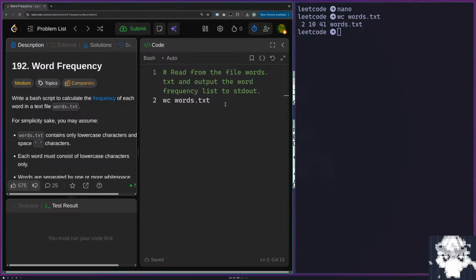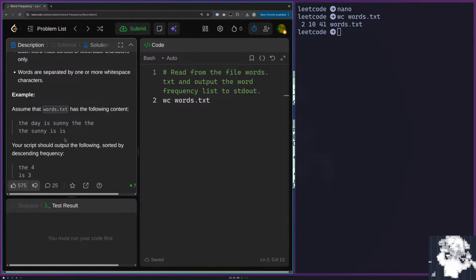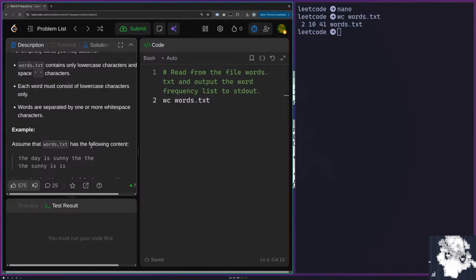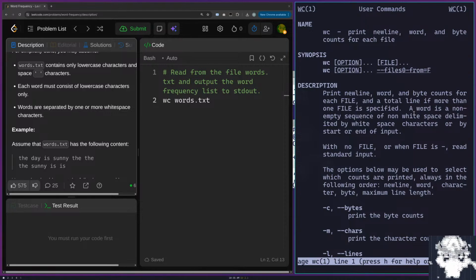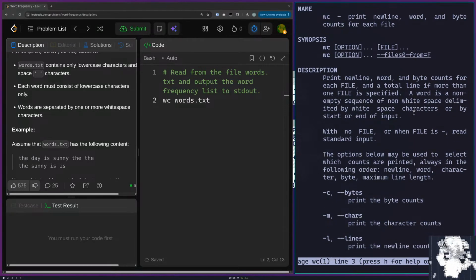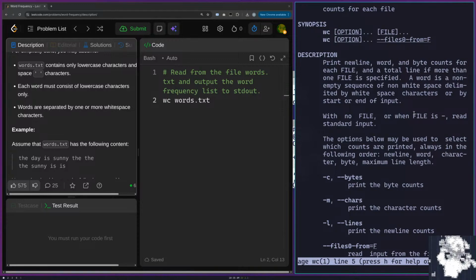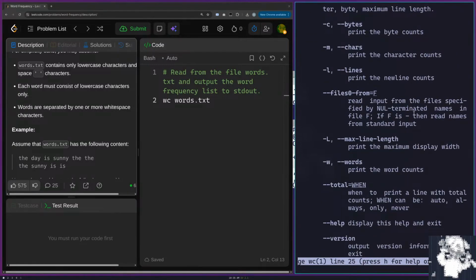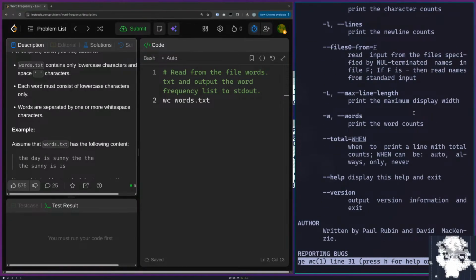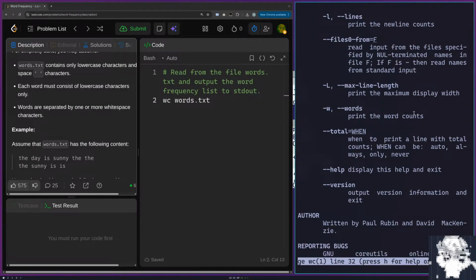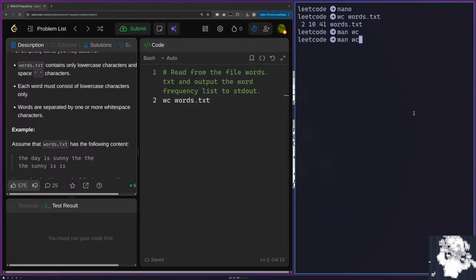Like, I can't grep. I don't know what words I'm looking for. Does word count have a different usage that would be more helpful? Dash W. No, it just tells me the number of words.